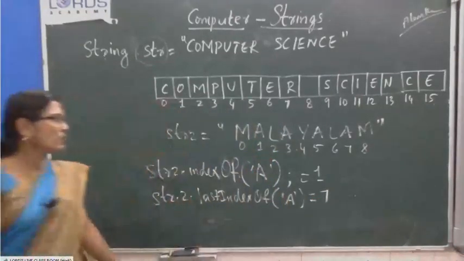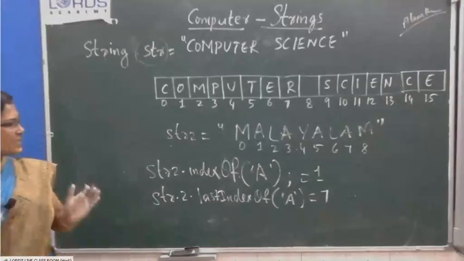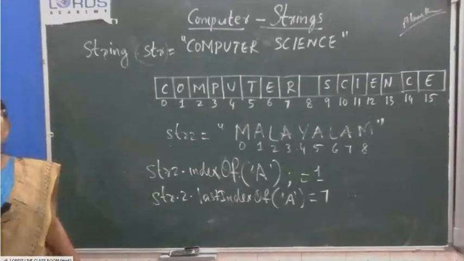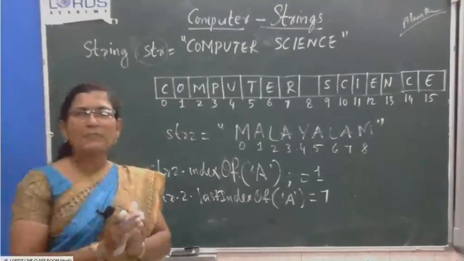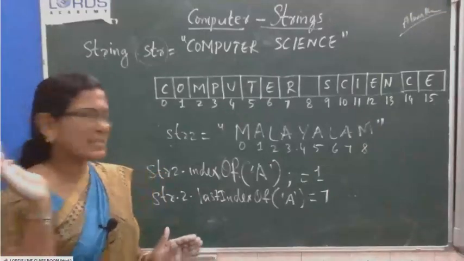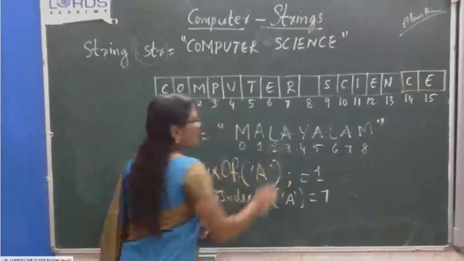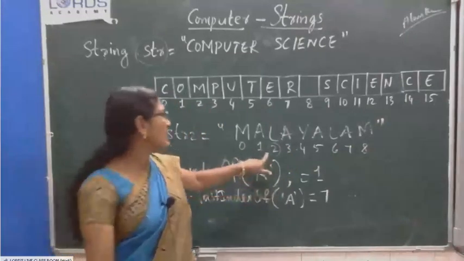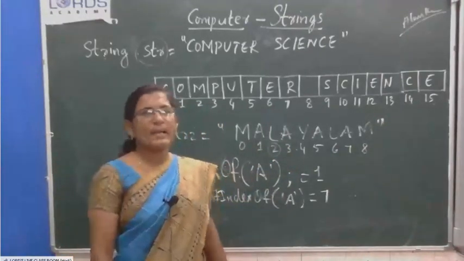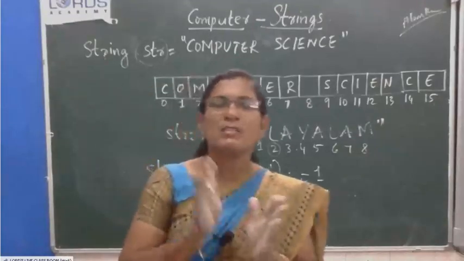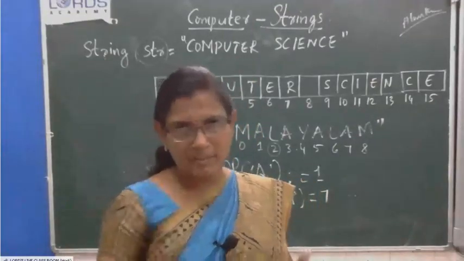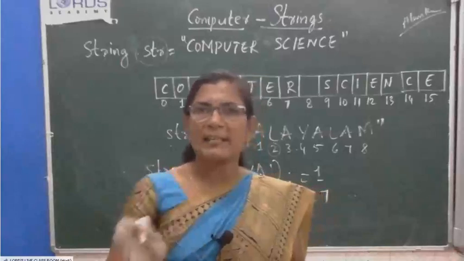I just want to find out the index number of the occurrence of A after a particular index number. I just want to find out the index number of A which comes after the index number 2. Okay, I am giving a starting point. Don't start from index 0 onwards for the specified character.